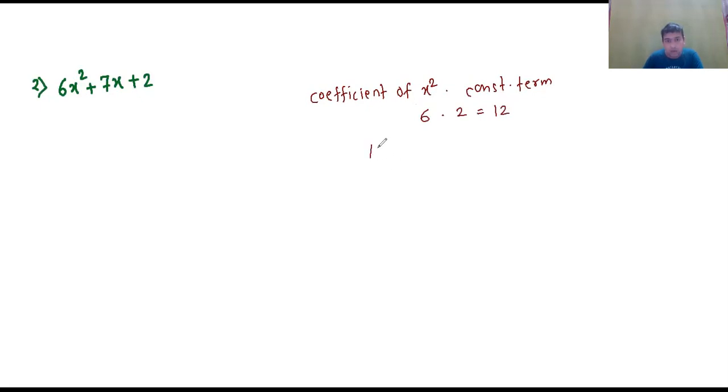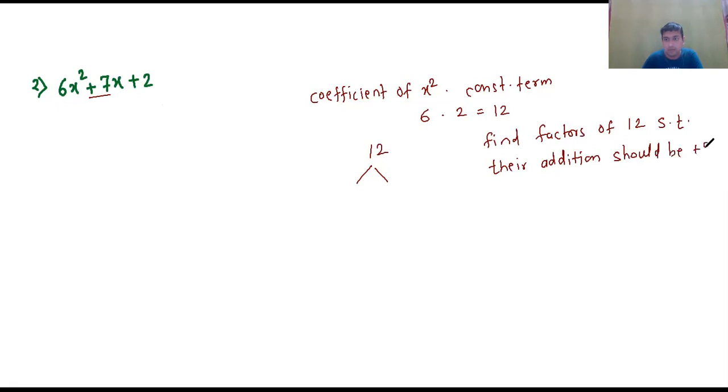Now you have to find the factors of 12 such that their addition, what addition do we want? See, what is there? Plus 7. Their addition should be plus 7.